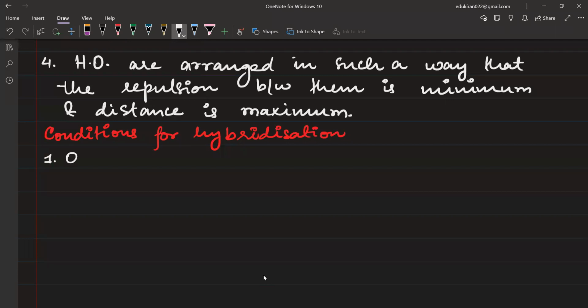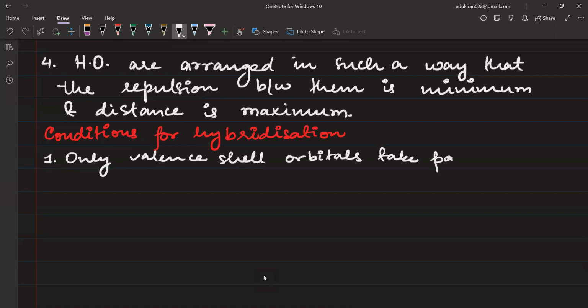Number one, only valence shell orbitals take part in hybridization.